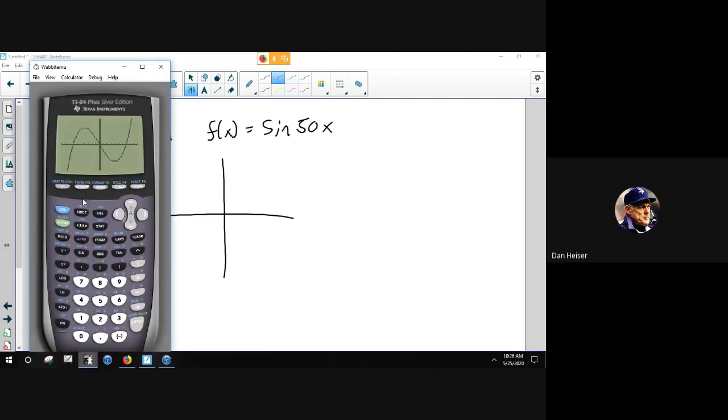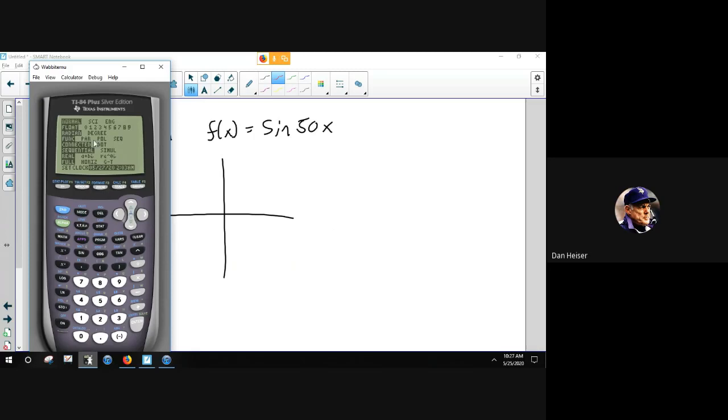By the way, whenever we graph trig functions in calculus, in fact, anytime trig functions arise in calculus, 99.999999% of the time, you need to be in radians.